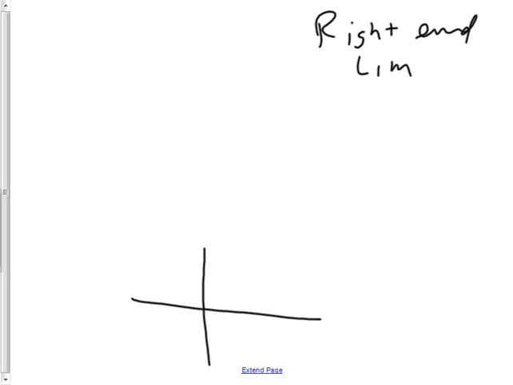They start with a lim. See if you can write me the right end limit for this picture. The right end limit.